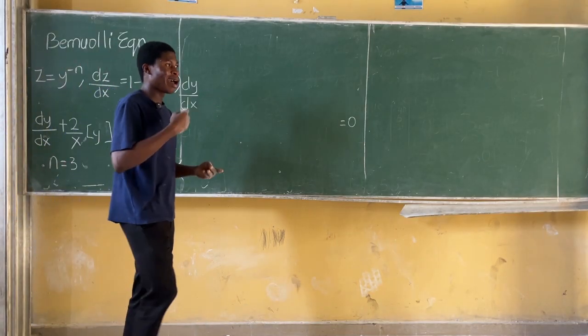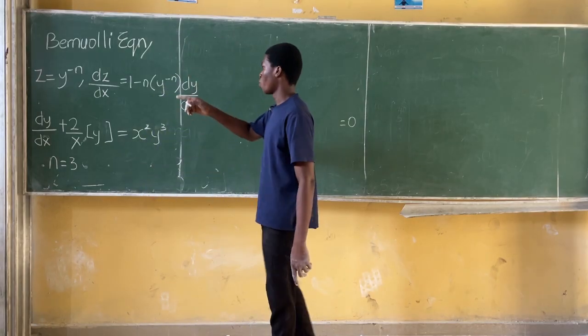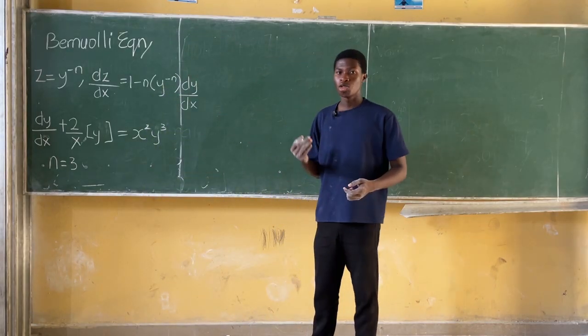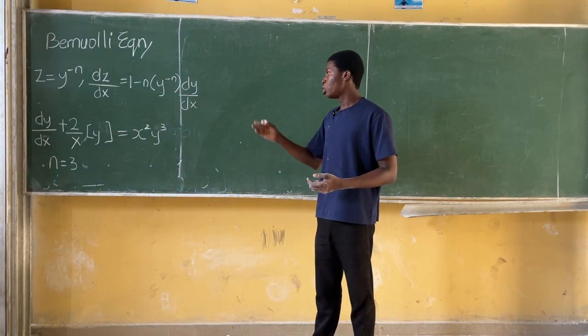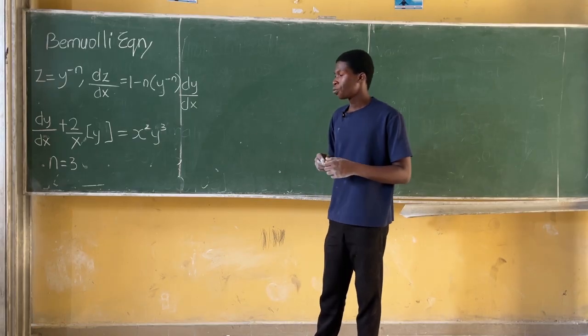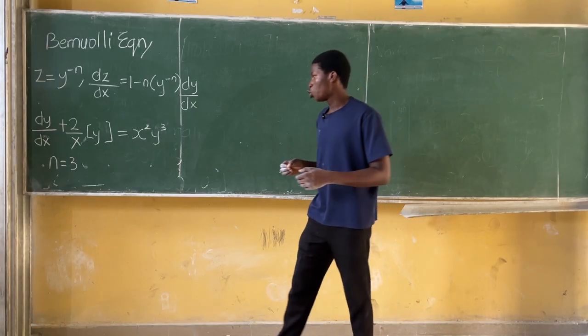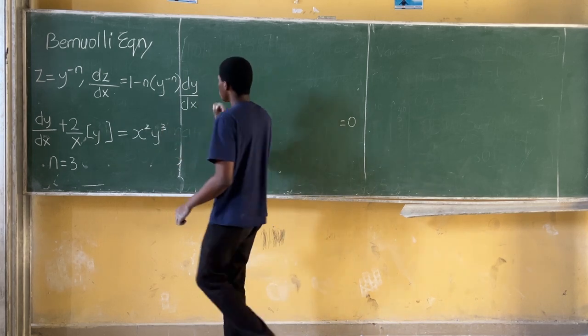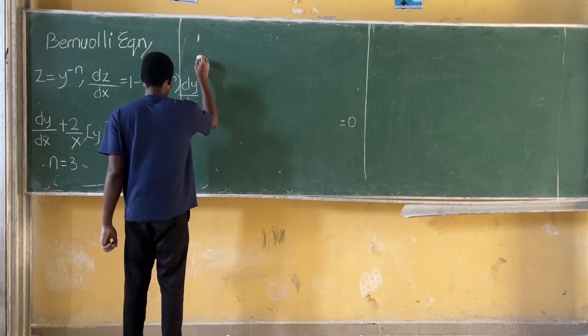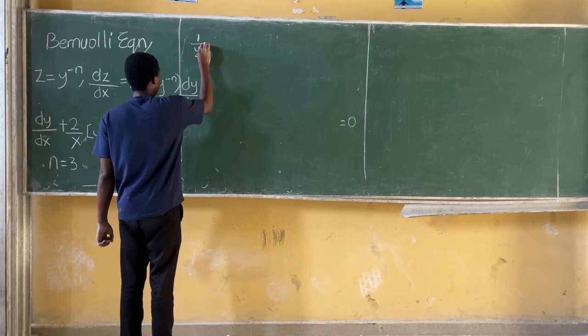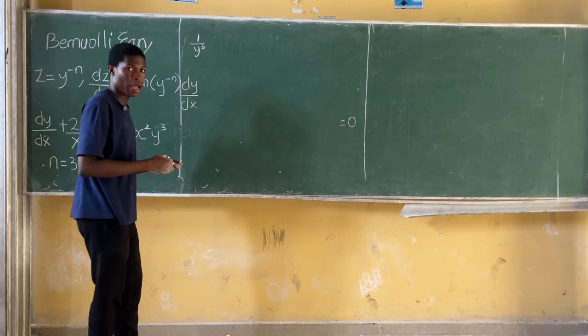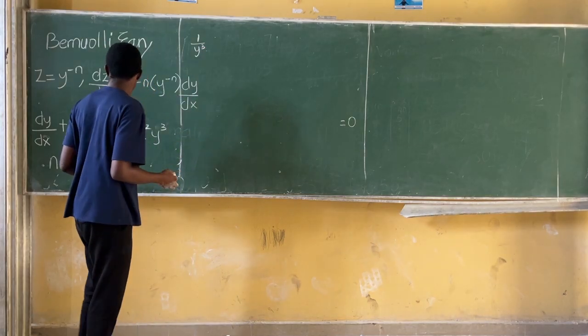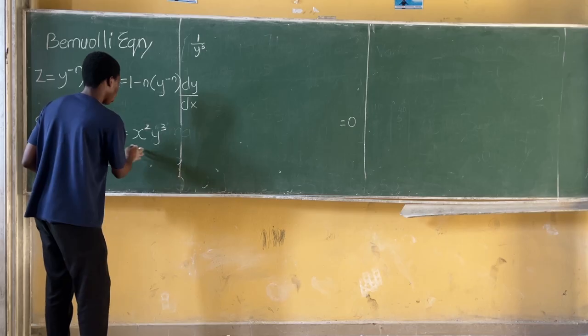Instead of going through all the long process of cramming the whole equation, I'm going to show you a technique whereby we don't need to cram this, we'll just walk it through. So firstly, let's divide through by y raised to power 3. We want only x squared to be on this side. So this is 1 over y raised to power 3. You can choose to multiply by 1 over y raised to power 3, or we'll just divide through by y raised to power 3.